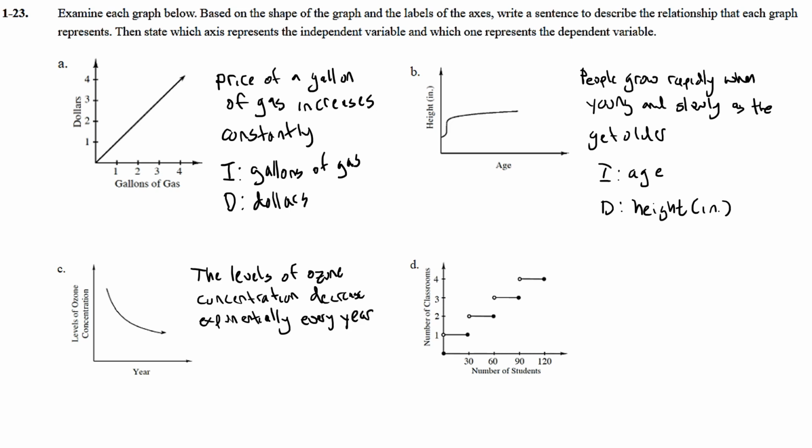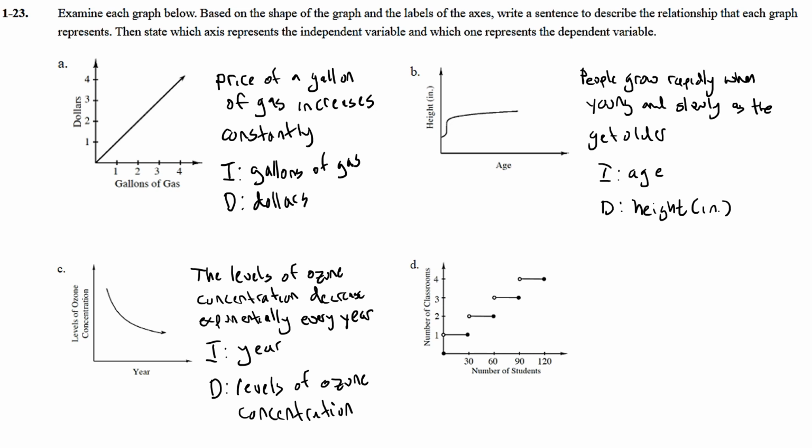Okay, because exponentially will level out eventually. The independent variable, again, years, is a value of time. Time is always independent, and dependent is the levels of ozone concentration.